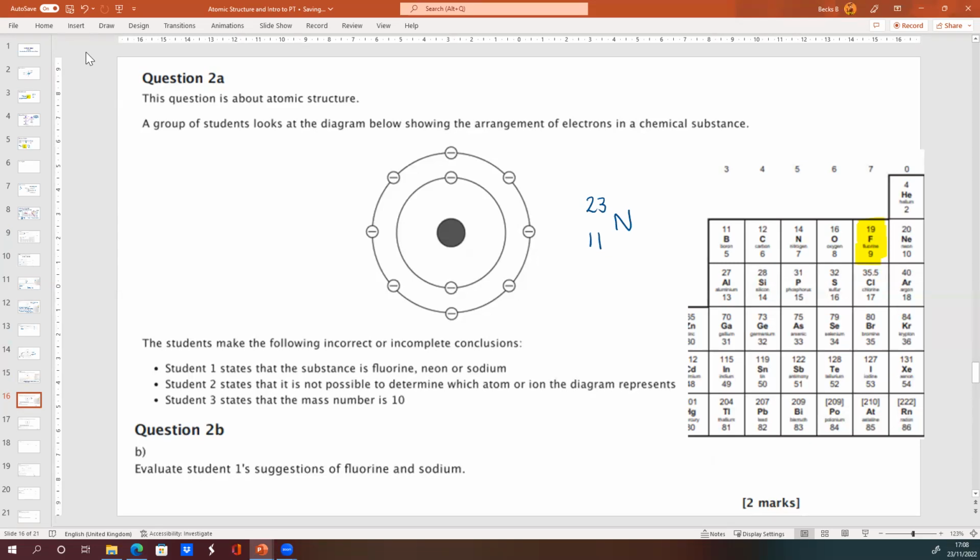So if you're struggling slightly, think in terms of losing and gaining electrons.